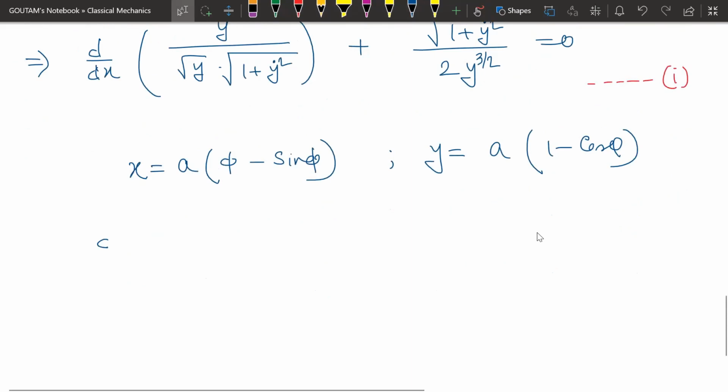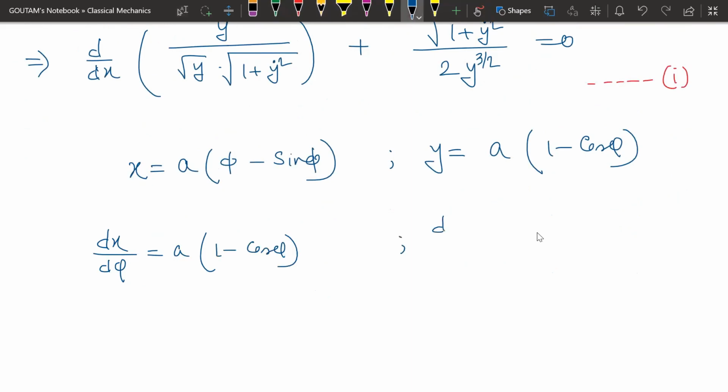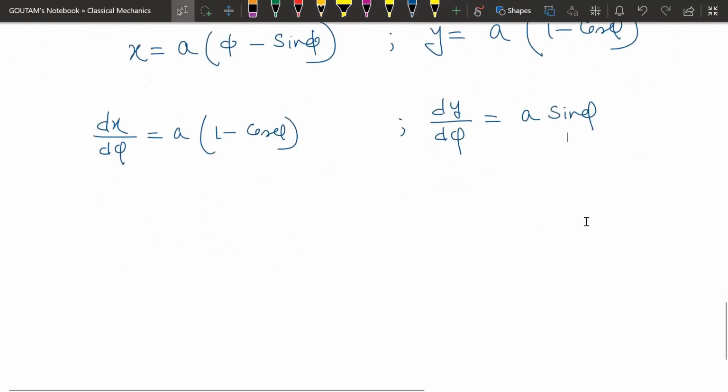So let's calculate dx/dφ. It will be a times (1 minus cos φ), and dy/dφ will be a sin φ, right?